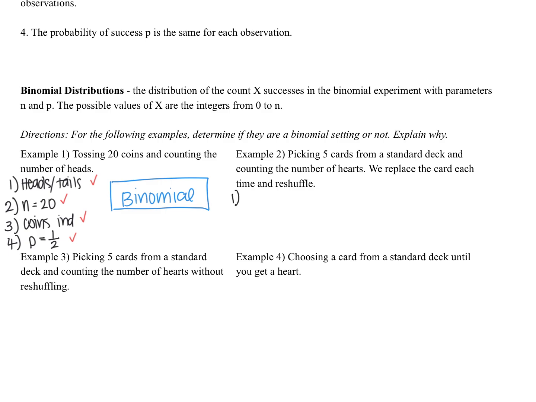For our first condition, if we are looking at only 2 outcomes, this is technically only 2 outcomes, because even though there are 4 suits, we're looking specifically at hearts. So when I draw my card, it's either going to be a heart or not. So our outcomes are hearts or no hearts.